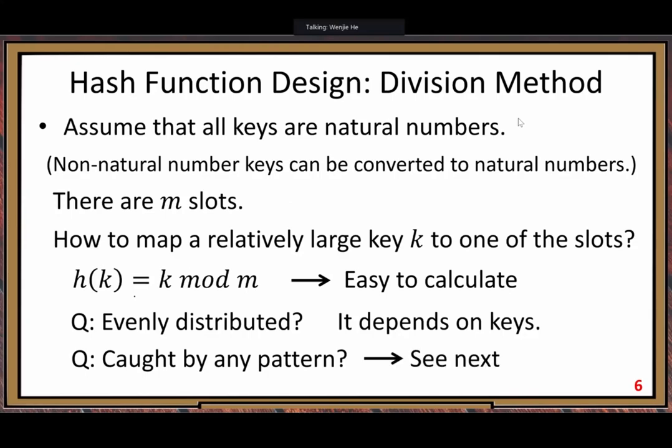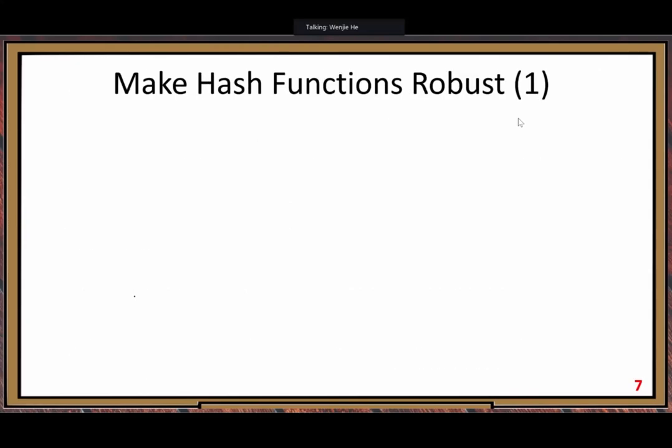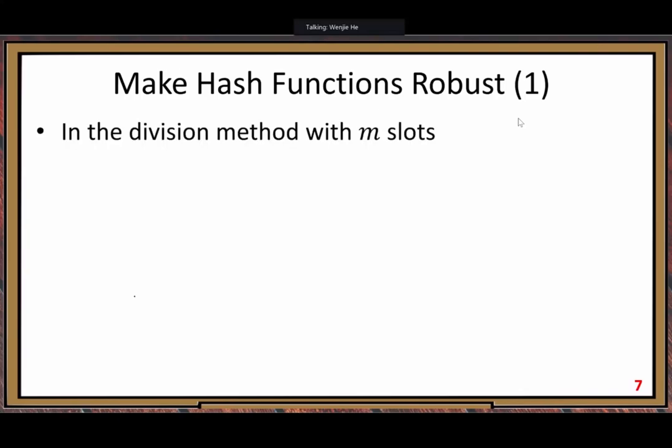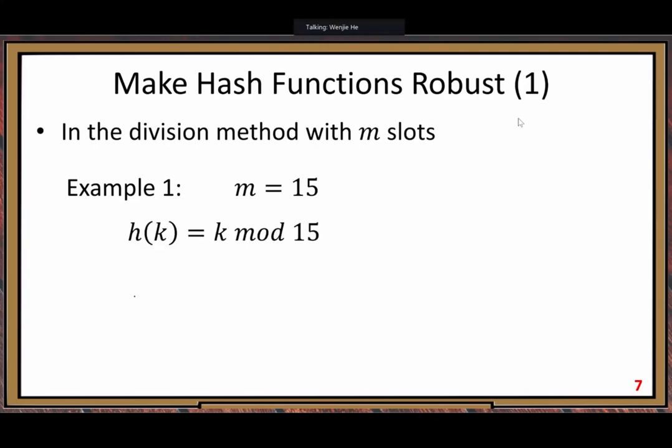Let's look at some examples. The division method with m slots. Example 1: let's consider m equals 15. When we use this direct modular operation, mod 15, look at the pattern where the keys are multiples of 3.